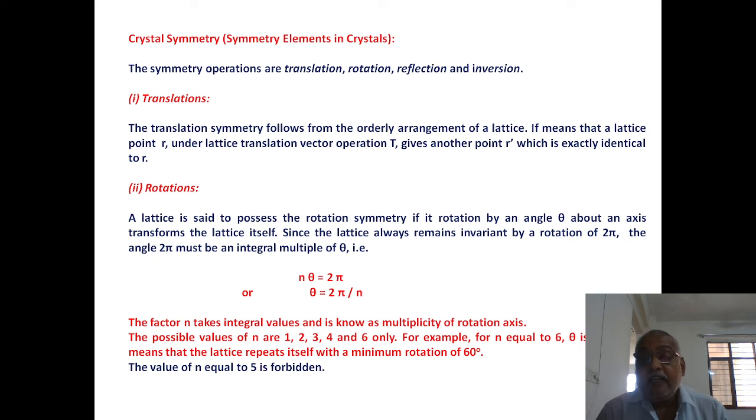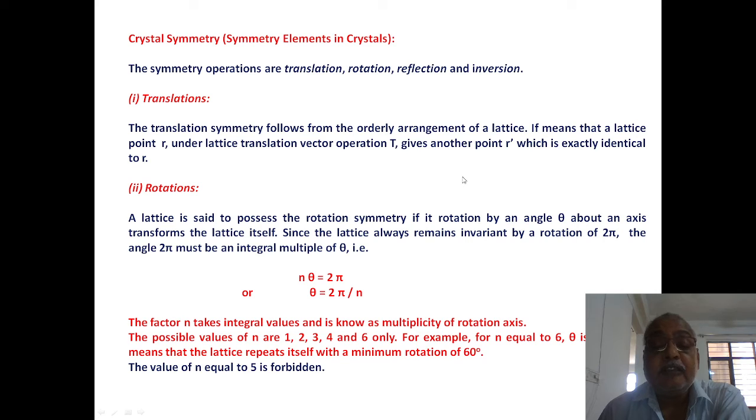अब इसमें क्या है? For example, if n is equal to 6, theta is 60 degree. This means the lattice repeats itself with a minimum rotation of 60 degree. The value of n equal to 5 is forbidden, मतलब n equal to 5 is not allowed.